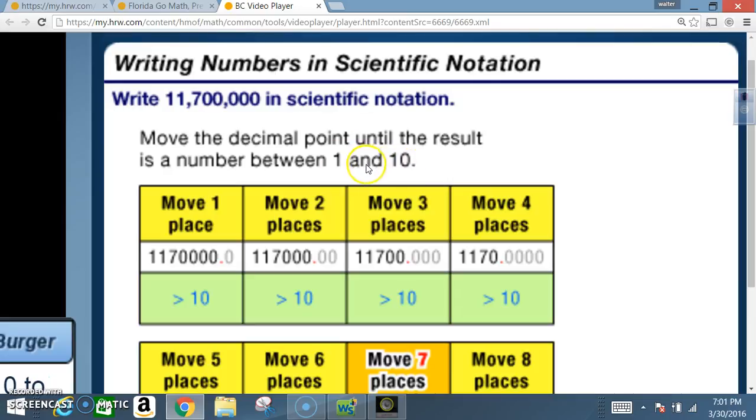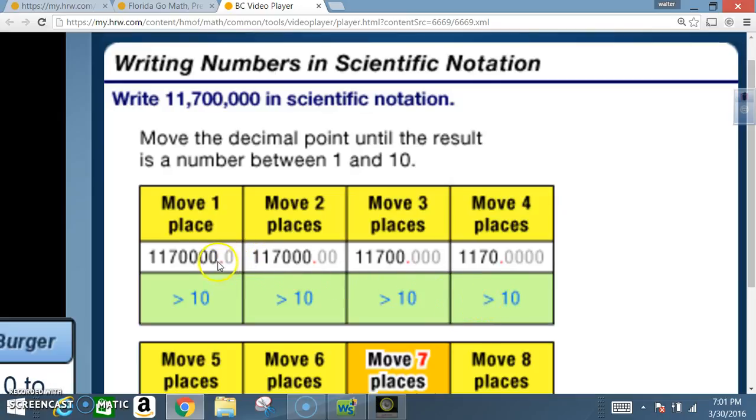Now if you move the decimal place one place, this number is greater than 10. If you move it 2 places, 3 places, 4 places, this number is still greater than 10.